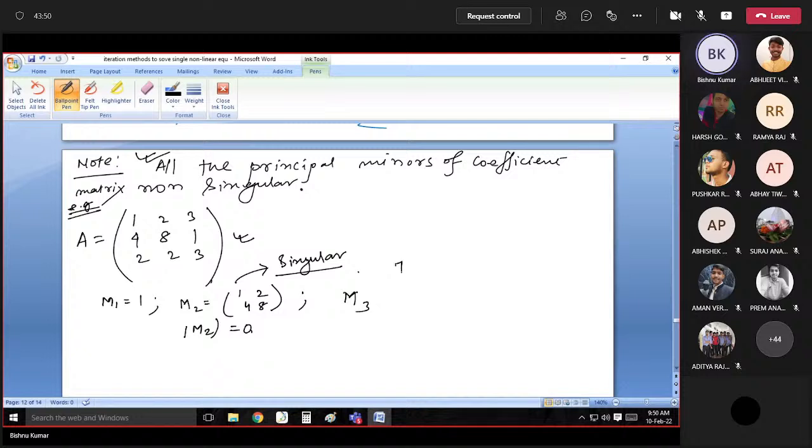So therefore the LU decomposition method is not applicable.